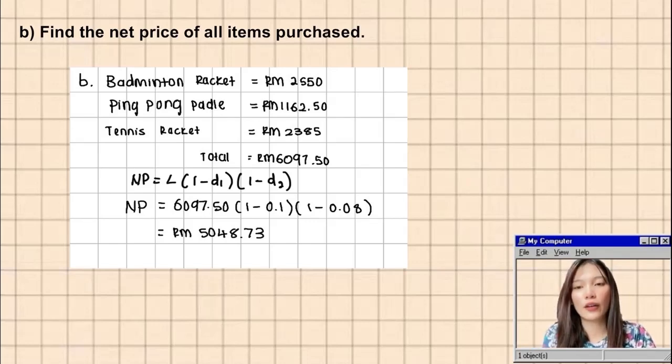The answer of question B is NP equals 6097.50 open bracket 1 minus 0.1 close bracket open bracket 1 minus 0.08 close bracket. The answer for question B is RM5048.73.